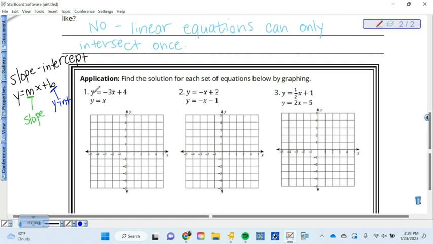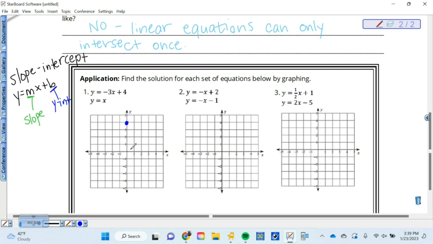No, y is already solved for. Y is all by itself. Yeah, so start with the y-intercept. In this first equation here, what's my y-intercept? 4. So I go up to 4 on my y-axis.